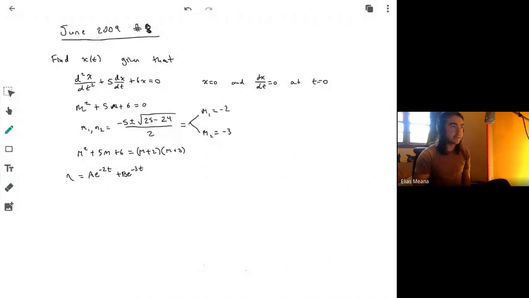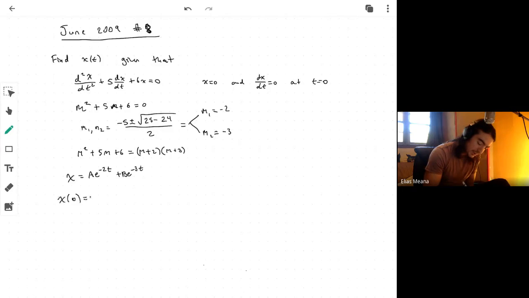So that's our x of t. Now, of course, we want to find our initial conditions. We need to find our a and b. So we're going to plug in our initial conditions. We say x of 0 equals 0. If we plug 0 into our equation, we just get a plus b. Not too bad.